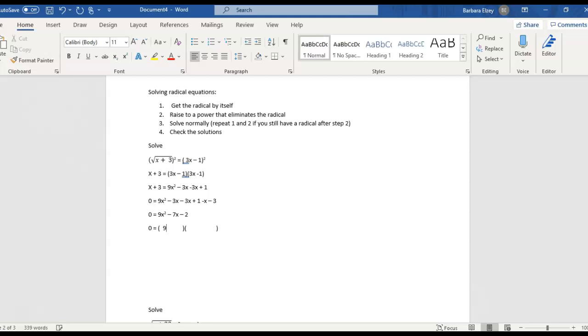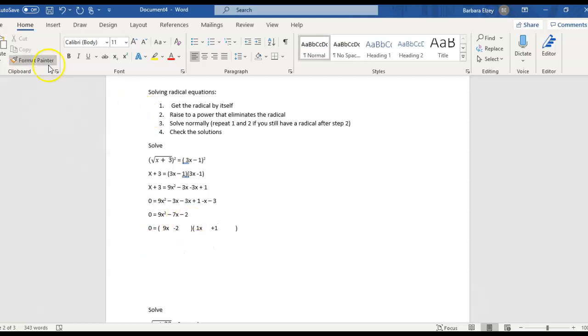So I'm going to choose 9x and 1x. For the 2, I'm going to choose negative 2 and 1. And then we'll double check and make sure that I'm right. I might have my signs backwards.